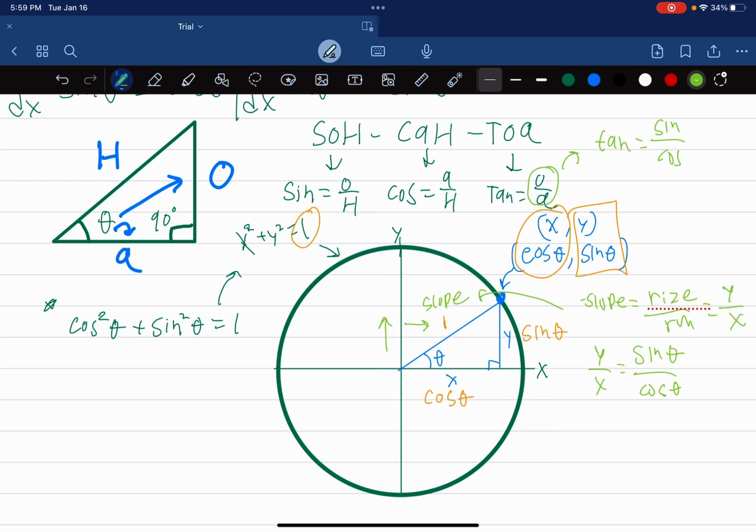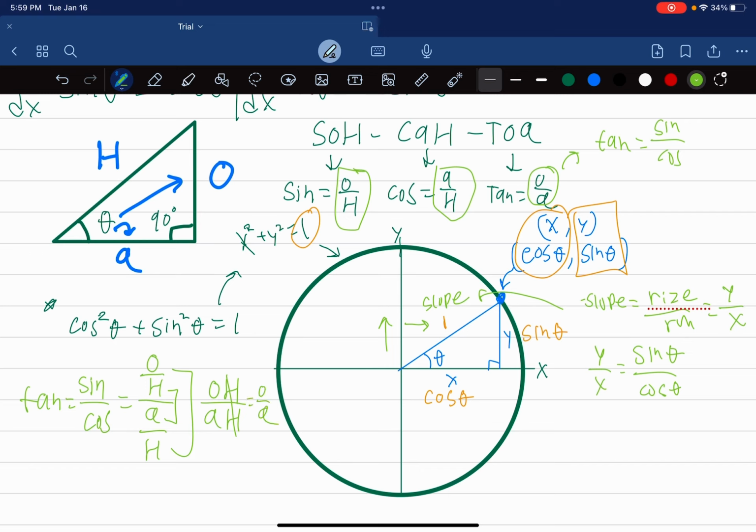Because if tan is equal to sine over cosine, and sine is equal to opposite over hypotenuse, and cosine is equal to adjacent over hypotenuse, then you get opposite over hypotenuse over adjacent over hypotenuse. You combine those and the hypotenuse cancels. And guess what? That gets you opposite over adjacent. Ta-da!